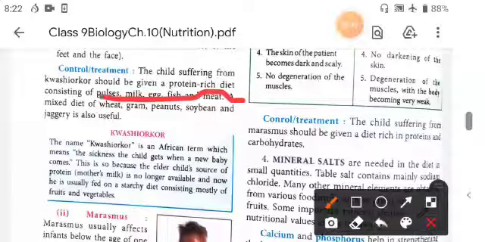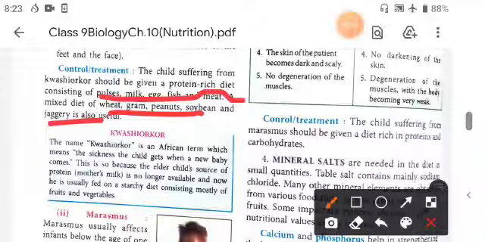Milk, egg, fish, etc. contain rich protein, and wheat, gram, peanuts and soybean contain more protein and carbohydrates. So you have to give such a diet to the child who is suffering from Kwashiorkor.